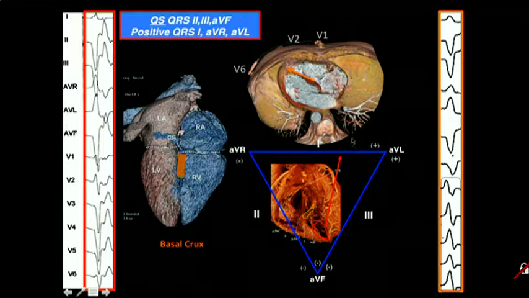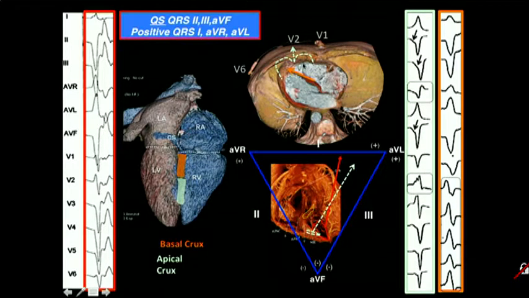There is no negative concordance in this case, and this happens in the crux different from the apex, basically because the crux to the base depolarizes towards the precordials, with a transition at V2, V3, and becomes positive in the rest of the precordials.